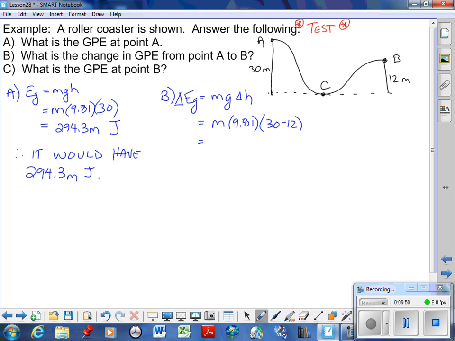And we go ahead and do that calculation, and we find that the lost energy is 176.6 m joules. So therefore, change in energy is 176.6 m joules from A to B.